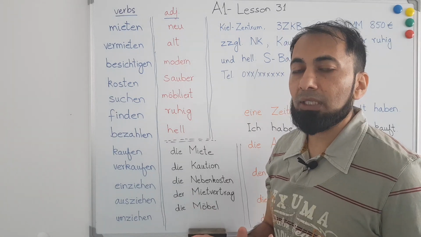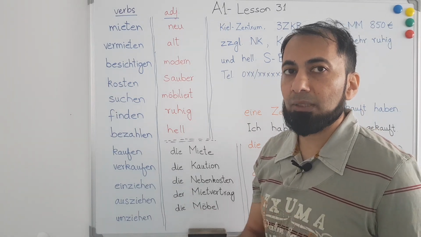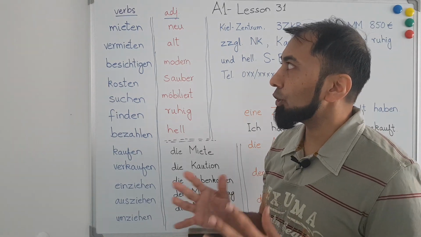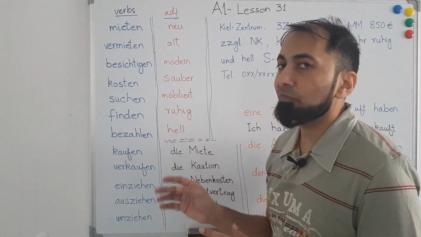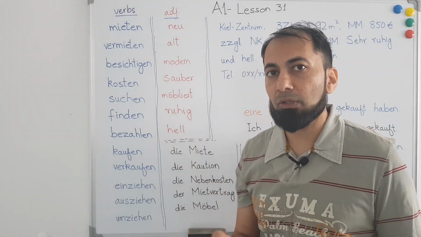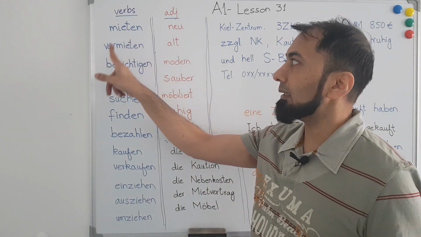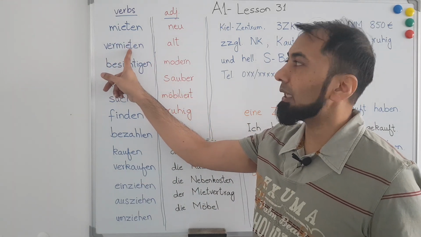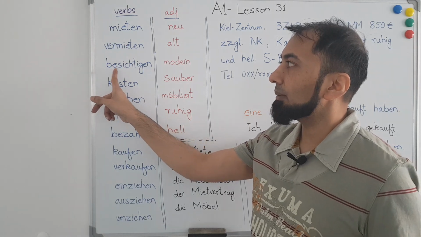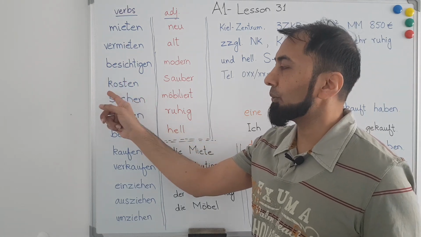Since we know that all the verbs have to be conjugated according to the subject of the sentence, I can conjugate all of these verbs with respect to the subject ich, or I. So ich miete, I rent. Ich vermiete, I let. Ich besichtige, I view.